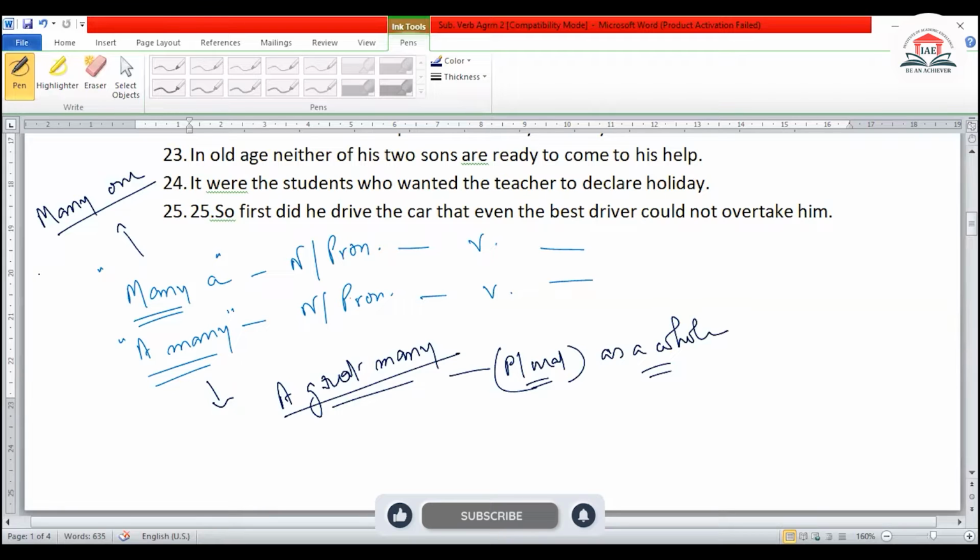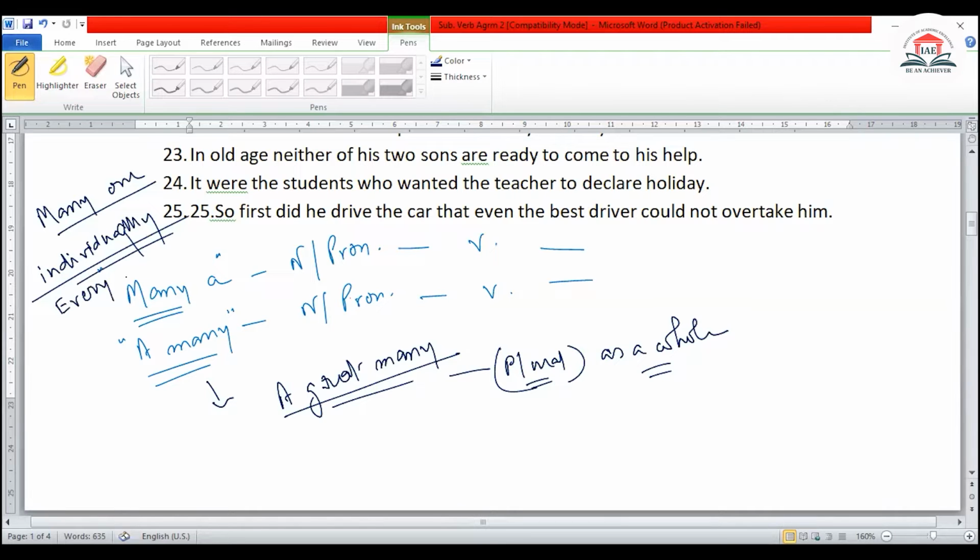Many one, that is individually, like every or each. When we say each candidate, when we say every household article, we mean everything, all.